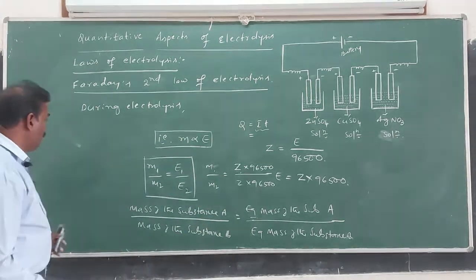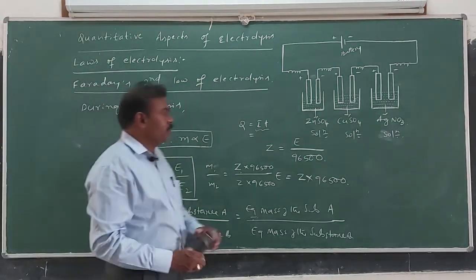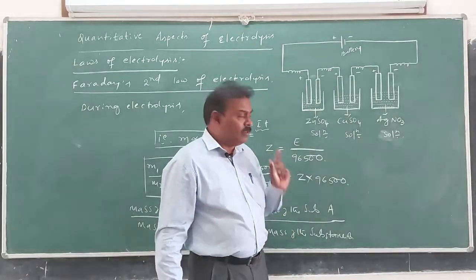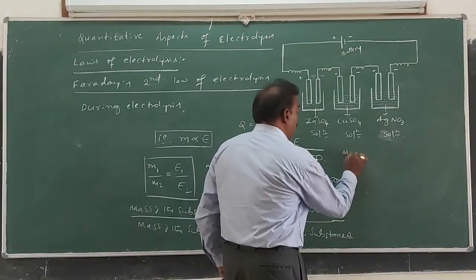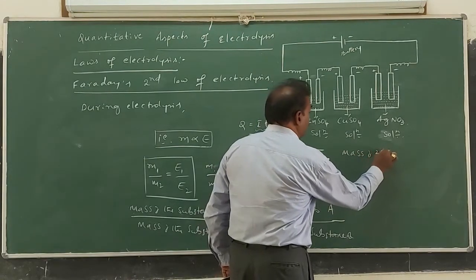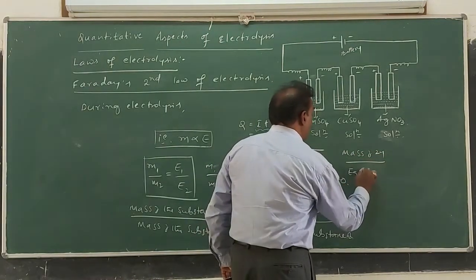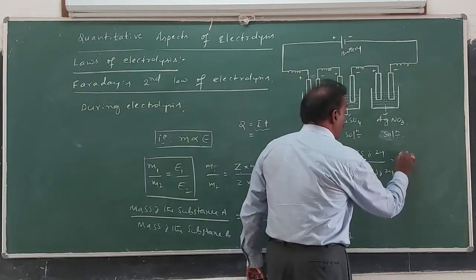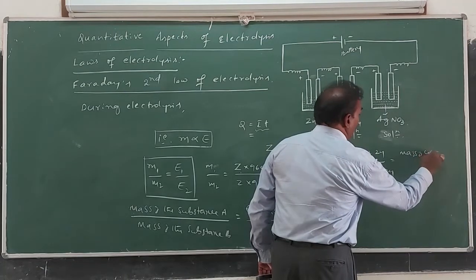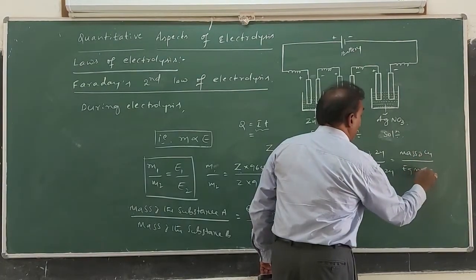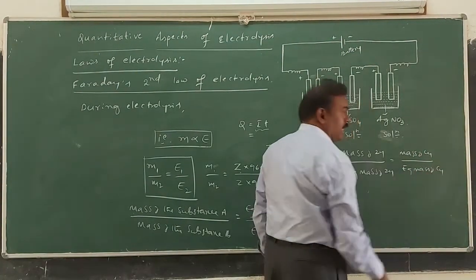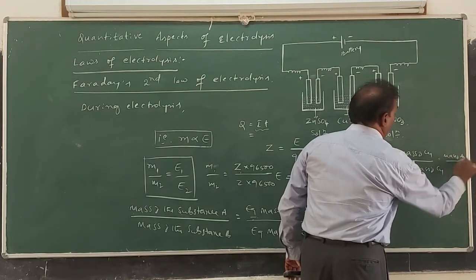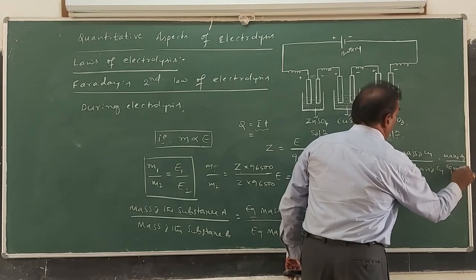Even if you take different electrolytic solutions like ZnSO4, CuSO4 and AgNO3, mass of Zn divided by equivalent mass of Zn is equal to mass of the copper deposited divided by equivalent mass of copper, or this is equal to mass of silver divided by equivalent mass of silver.